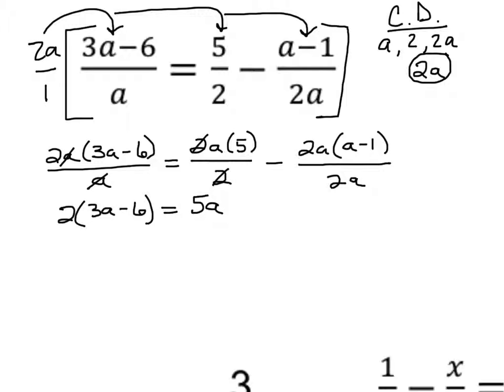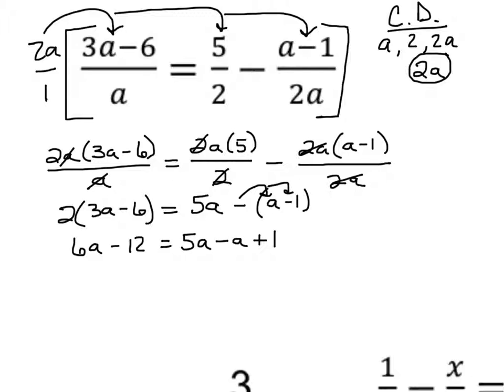On the third fraction, I cancel out the 2a's, and I've got a minus the quantity a minus 1. Now I have eliminated all fractions from our problem. So I distribute the negative and distribute the 2. I've got 6a minus 12 equals 5a minus a plus 1.